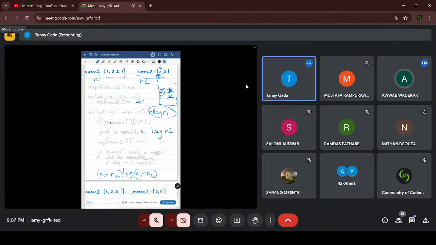Then we are iterating over n2 elements, doing a map operation in each, and the size of the map would be n1, because the map stores n1 elements in the worst case. So we add these, and our time complexity is n1 plus n2 log of n1. Agree? Yes.